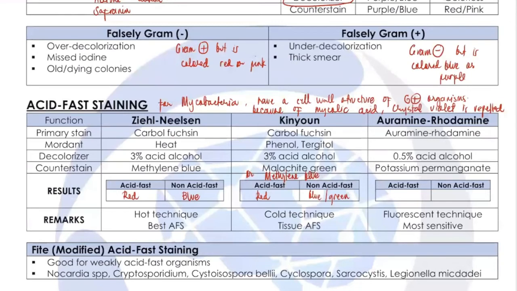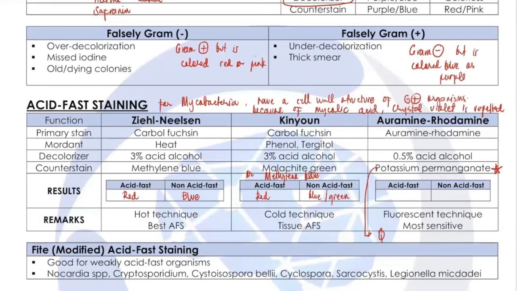Now, for our auramine rhodamine stain, this is the most sensitive among all acid-fast staining, obviously, kasi fluorescent technique siya. So dito, gumagamit pa rin tayo ng acid alcohol as a decolorizer, however, at a much lower concentration, which is 0.5%. Then, guys, take note of potassium permanganate here. That is our counterstain, or yung lumalabas sa ASCP exam, ano daw yung purpose ng potassium permanganate when it comes to acid-fast staining?